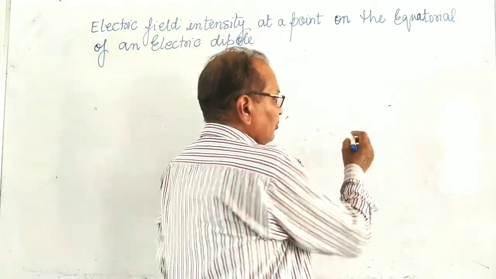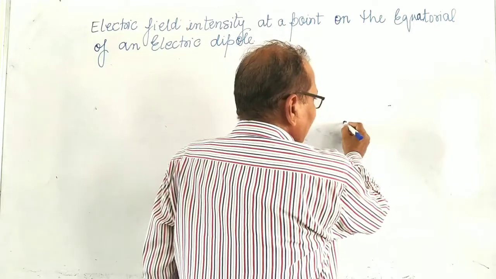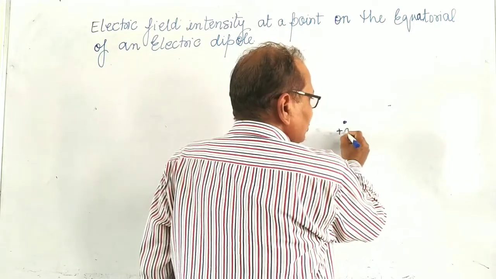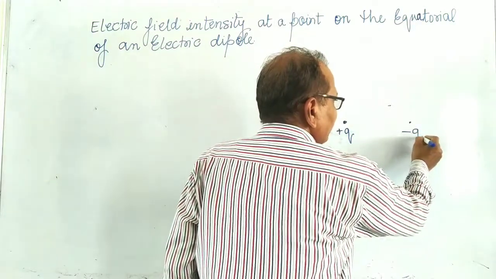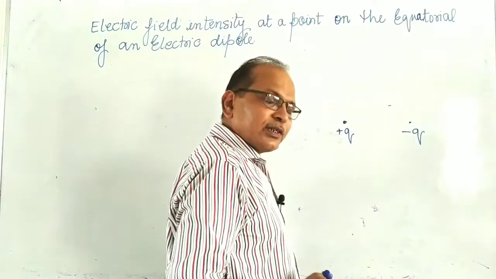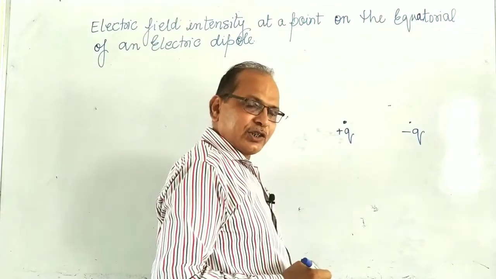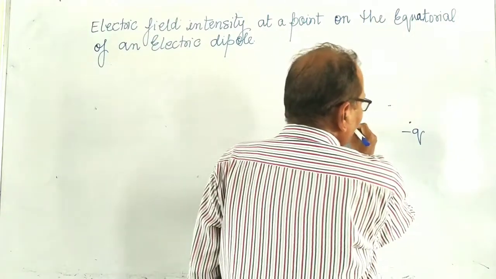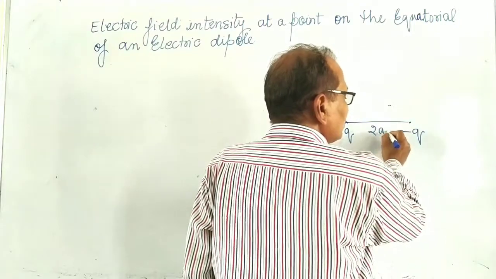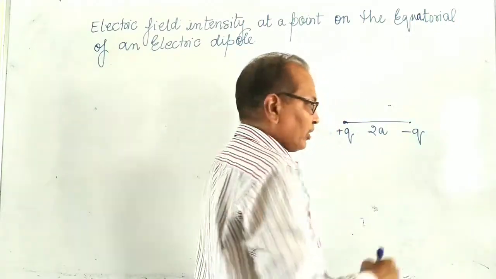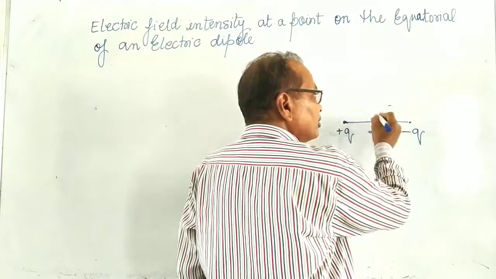Now, this is plus q charge, this is minus q charge. The two charges of an electric dipole are at distance 2a between them, that is from the center point.